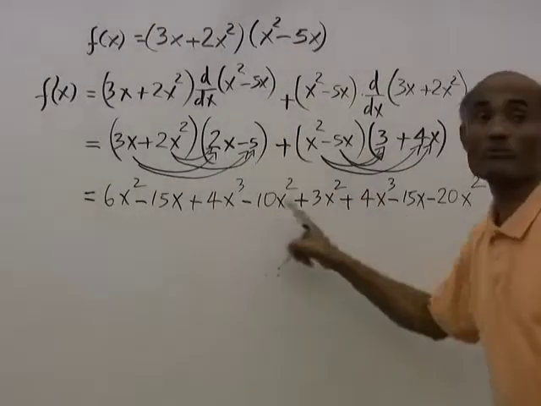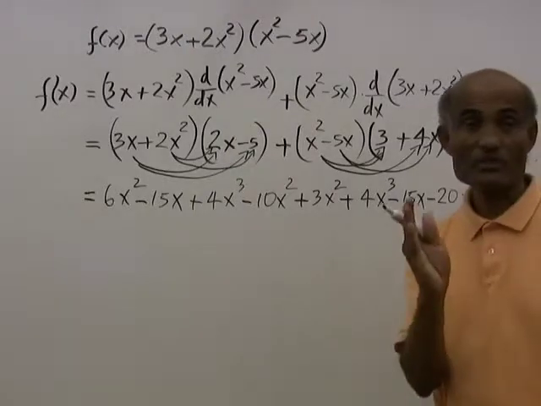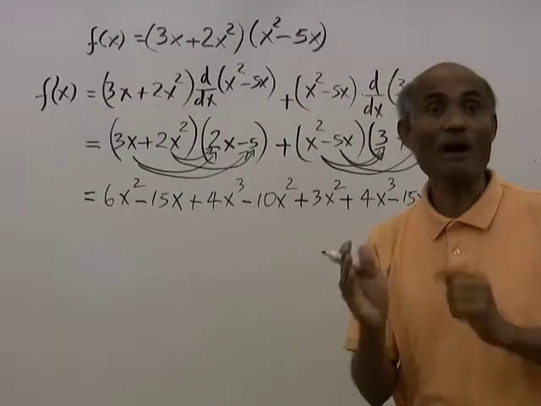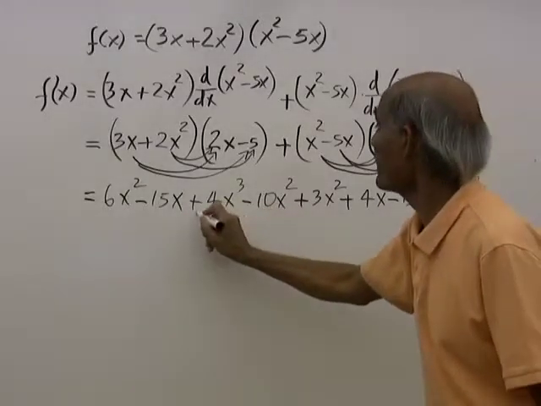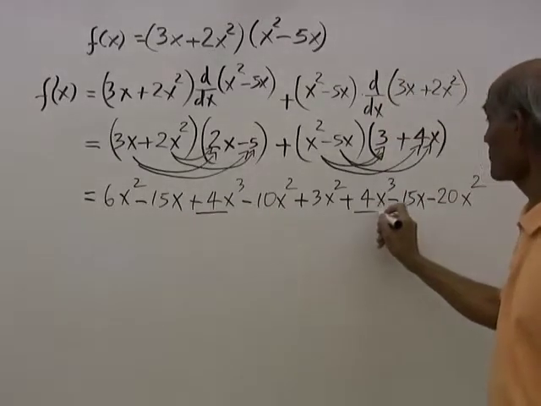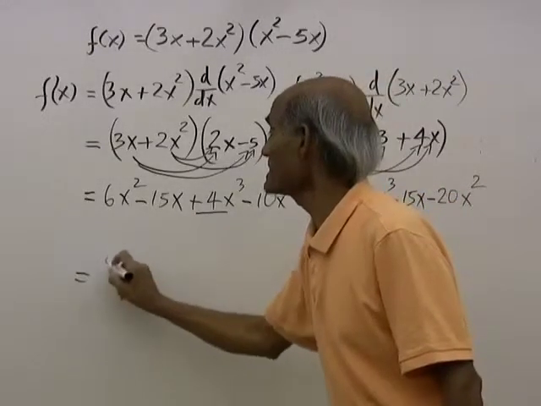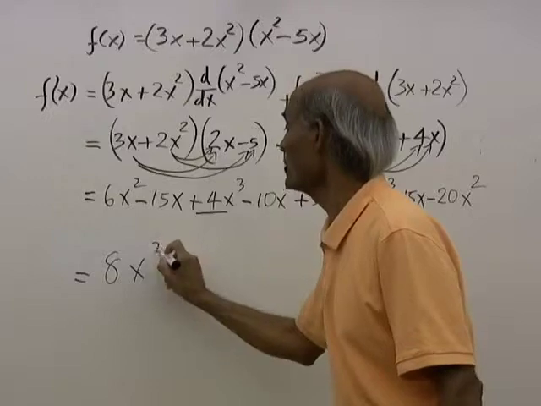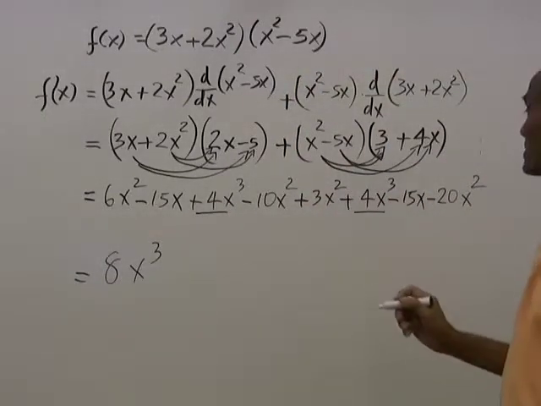Alright, when you simplify and write your final expression, you must start with the highest power of x. So we have 4x cubed plus 4x cubed will give you 8x cubed. That is our first term. And now we come to the x squared term.